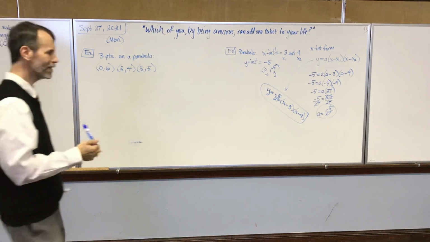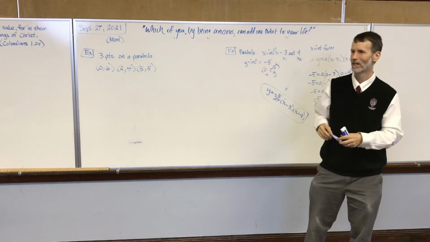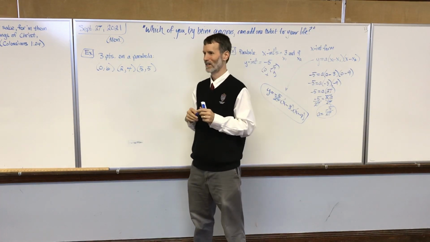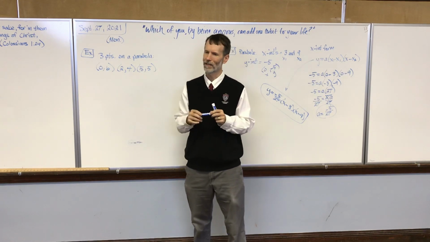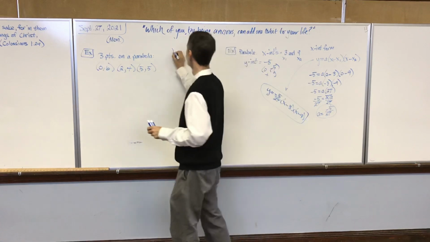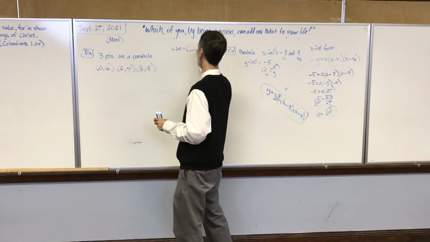Did they give you anything special whatsoever? Like, did they give you any x-intercepts? How do you know? What do x-intercepts look like? Exactly. An x-intercept is something, 0. I don't see any of those.